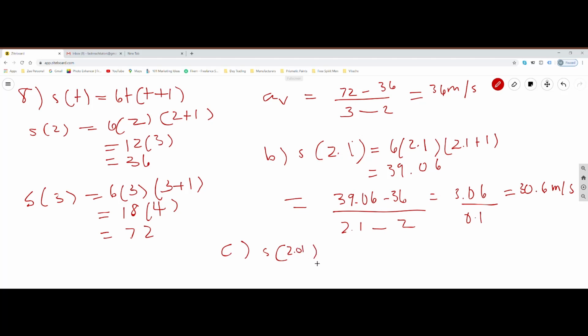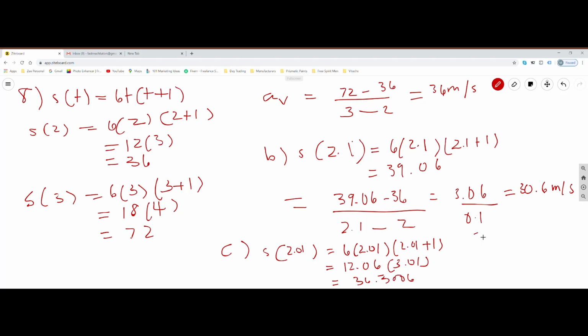Now if we do C, which is s(2.01), equals 6 times 2.01 times (2.01 plus 1). 6 times 2.01 equals 12.06, times 3.01 equals 36.3006.